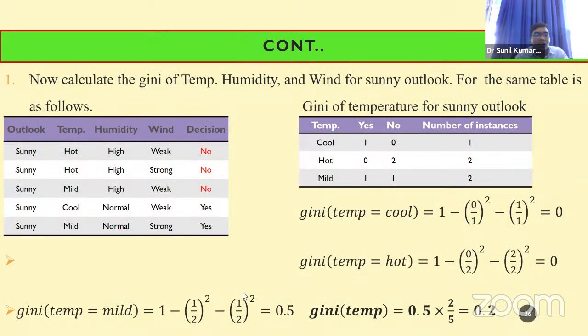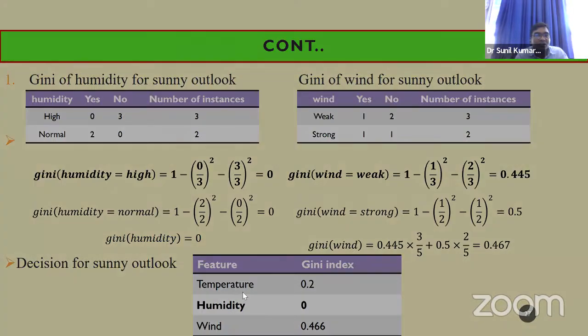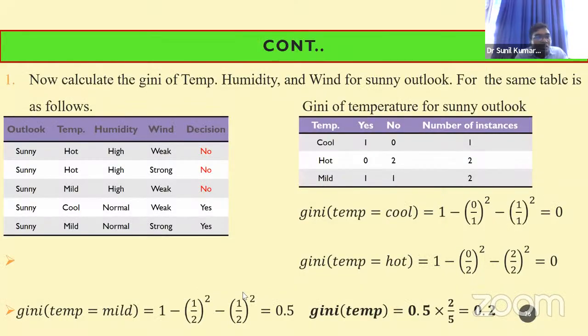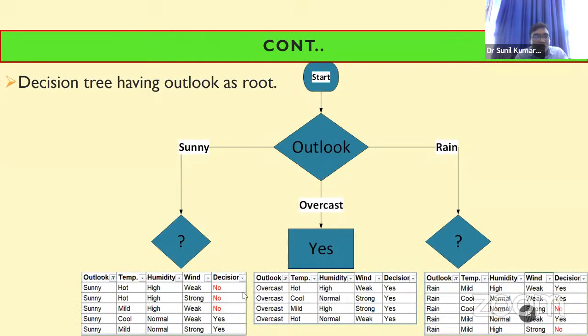Now I just want to show one graph here. When we distribute on outlook, it contains sunny, overcast and rain. I was saying that overcast contains all the records belonging to yes, so that's the reason it becomes the terminal node or leaf node.